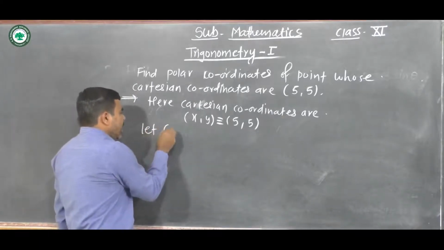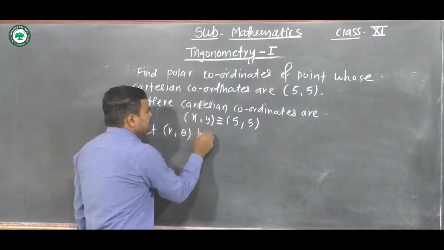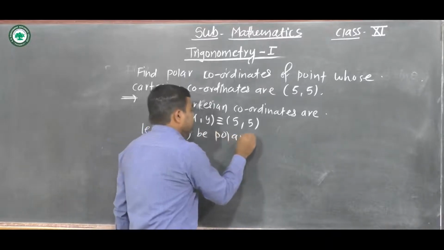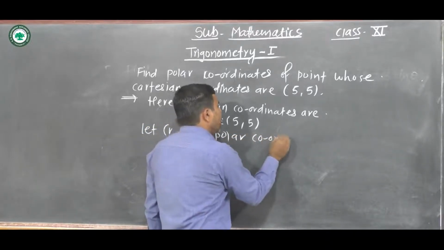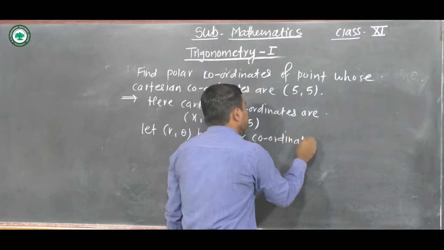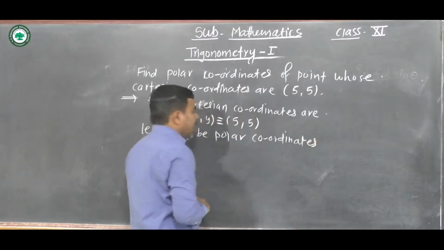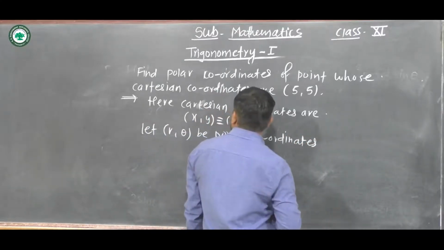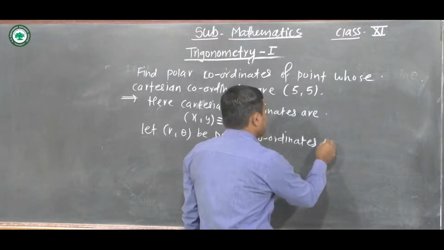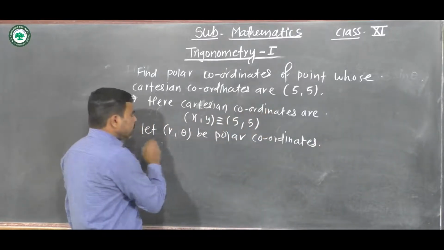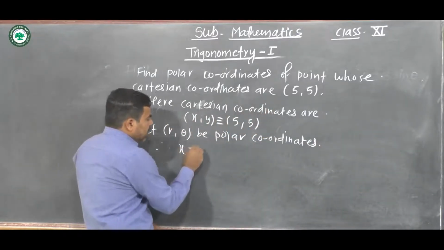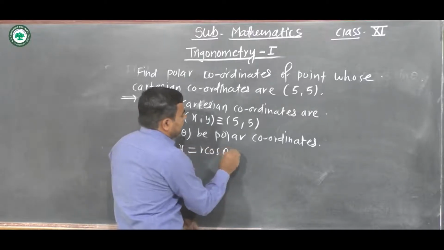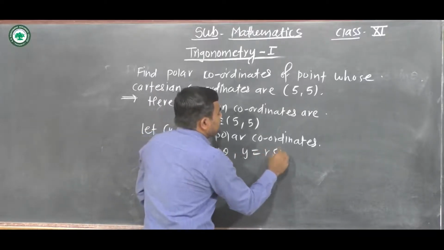Let r comma theta be polar coordinates. We know that polar coordinates of the point whose Cartesian coordinates are x comma y are r comma theta. So therefore we have x is equal to r cos theta and y is equal to r sin theta.